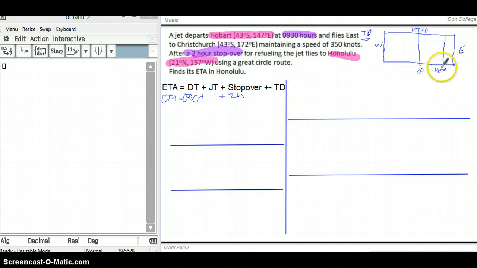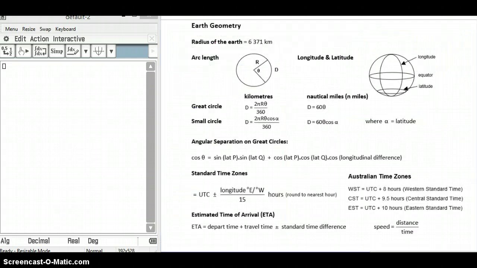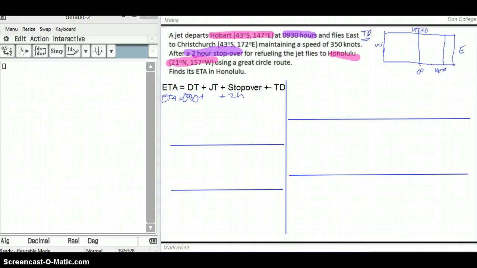Now, to work out what that standard time zone is, this is on your formula sheet, see that here. It's UTC plus or minus the longitude east or west divided by 15. So it's 15 because we divide the Earth into 24 equal bands, and 360 degrees divided by 24 hours gives us 15 degrees per hour.